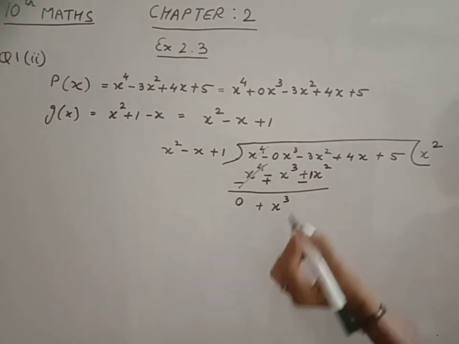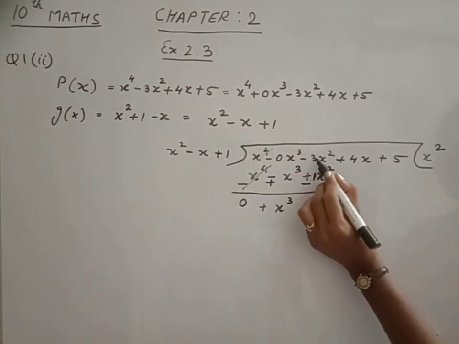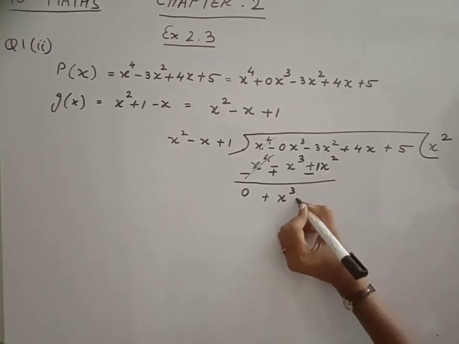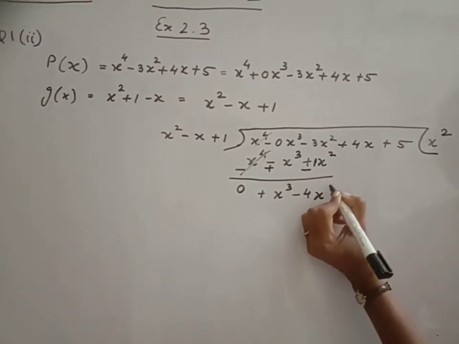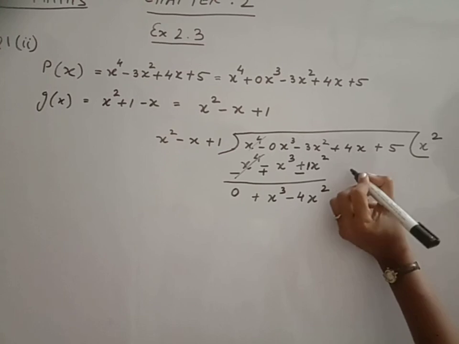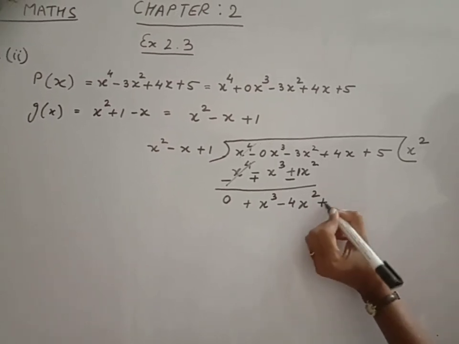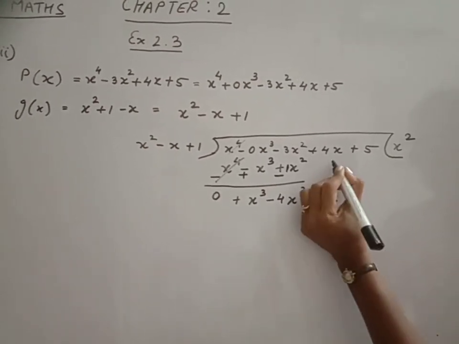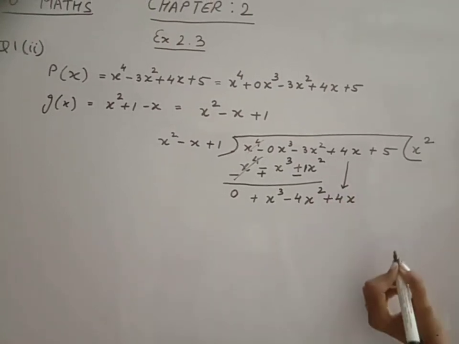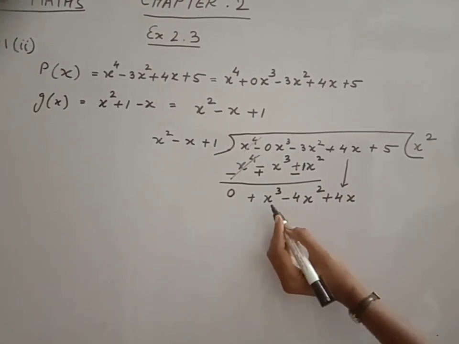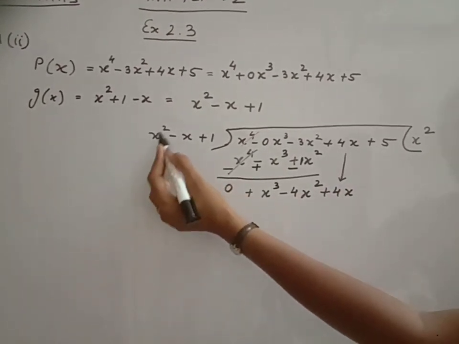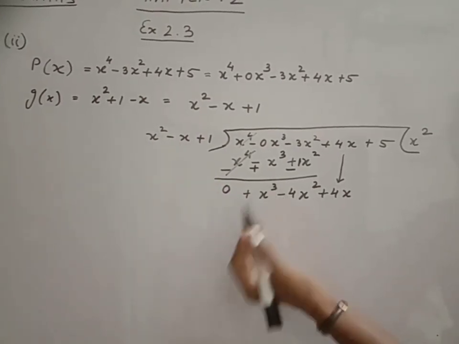So plus x cube will remain. Now minus 3 minus 1, minus 4x square. Now I will take 4x down.